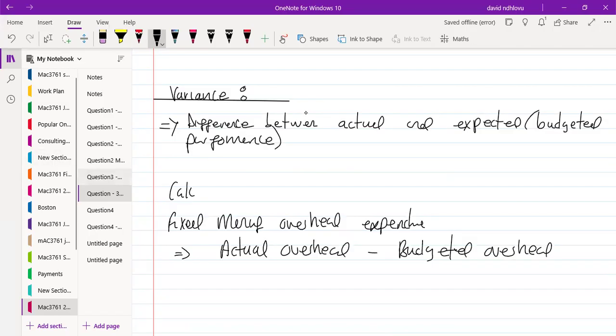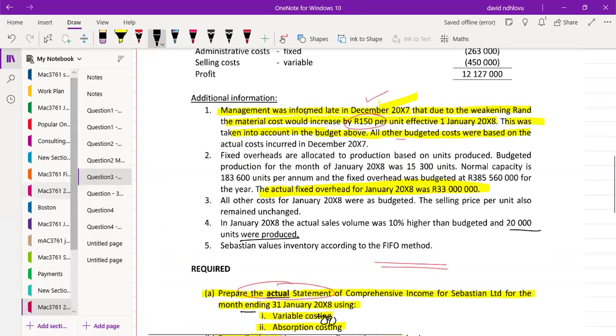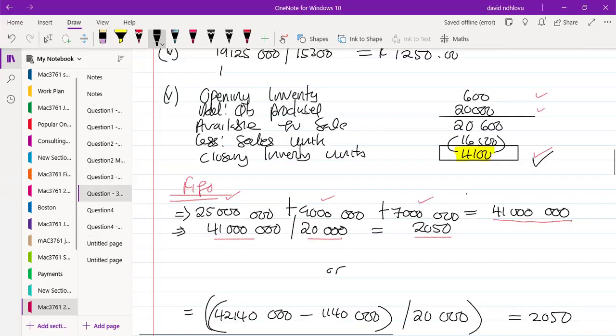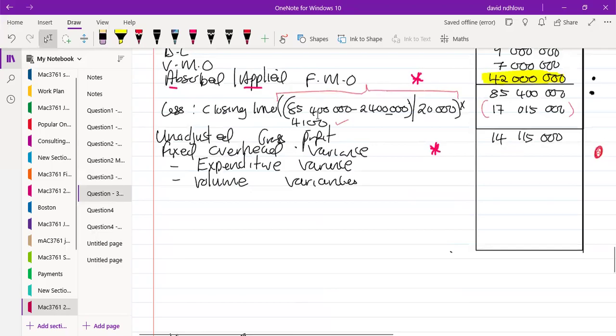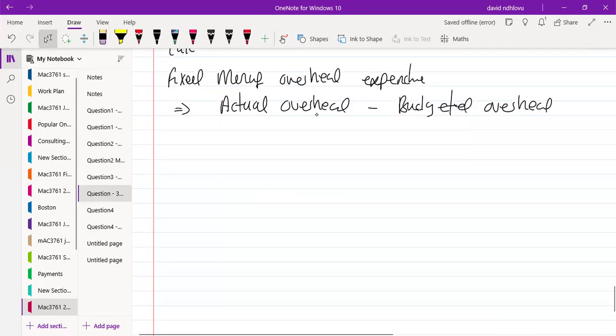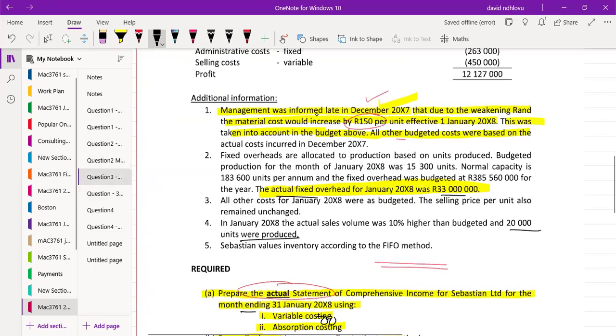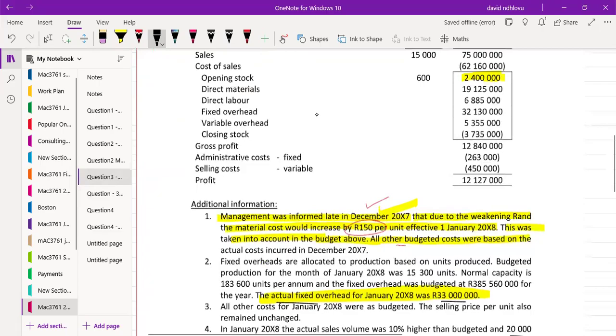So you go to the information provided. Your actual fixed manufacturing overhead was given as 33 million, so you take it as it is. Then we ask, what is the budgeted overhead? The budgeted overhead is the one given here: fixed overhead, 32,130,000.